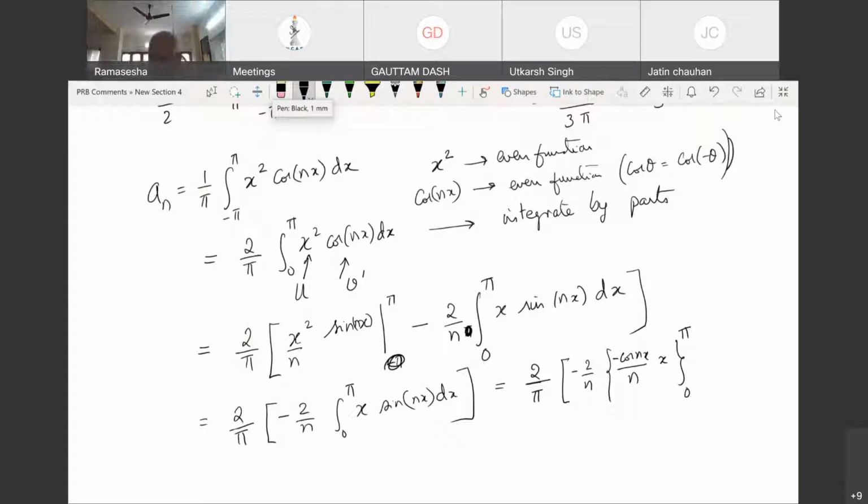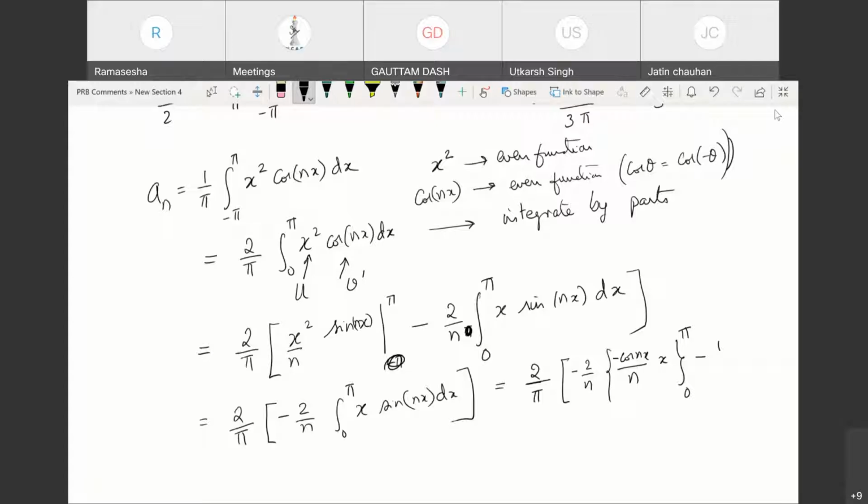So I'll get that minus, I have 1 upon n minus 2 upon n squared, integral of cos nx dx.